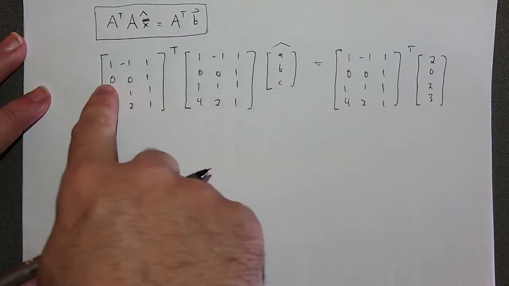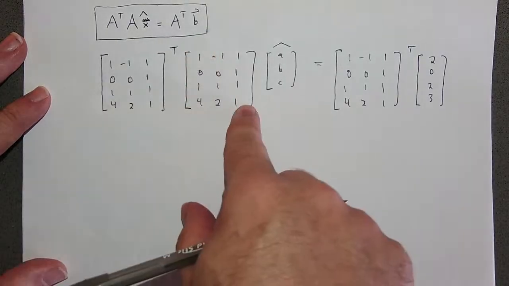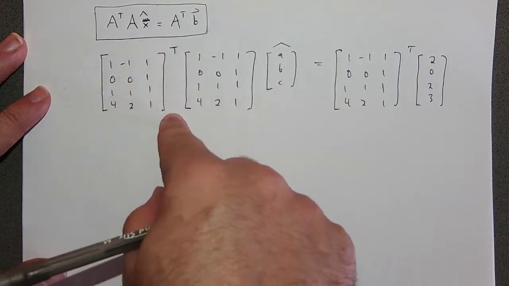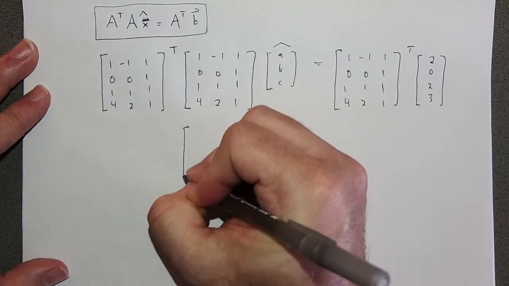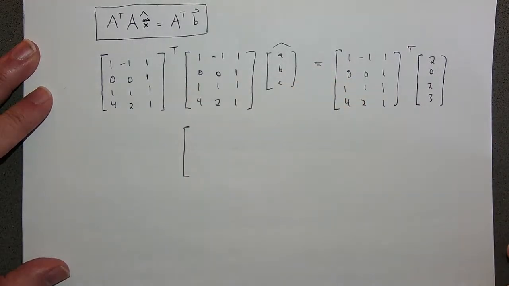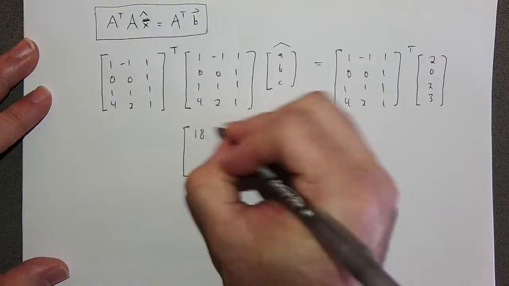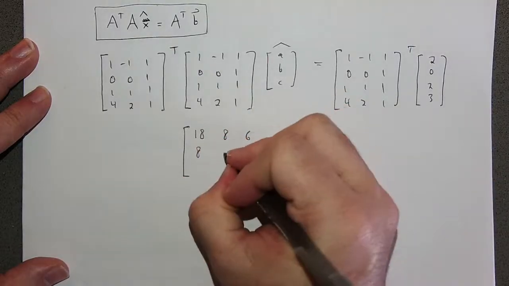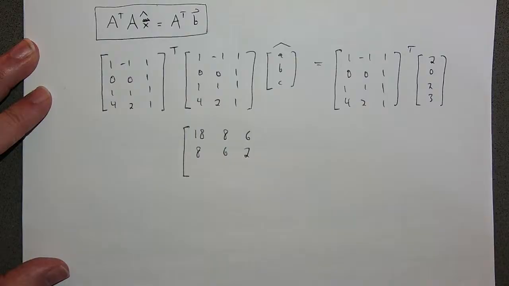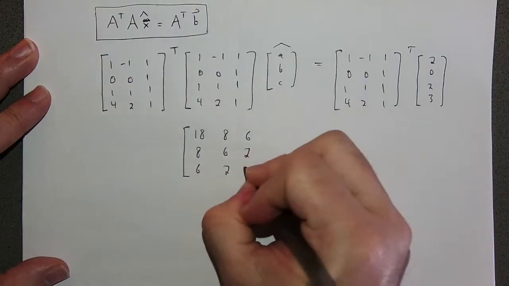This is a 4 by 3 matrix, so it's transposed as a 3 by 4 matrix. So 3 by 4 times 4 by 3, I should get a 3 by 3 here. The 3 by 3 I get after multiplying these two out is the following: 18, 8, 6, 8, 6, 2, 6, 2, 4.